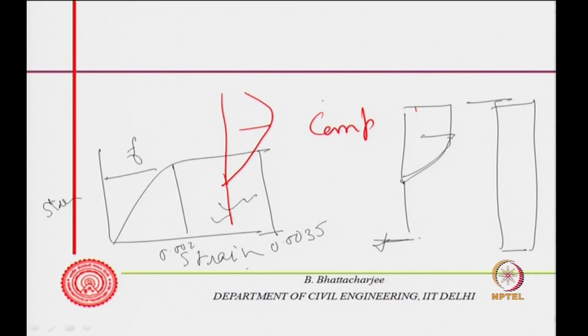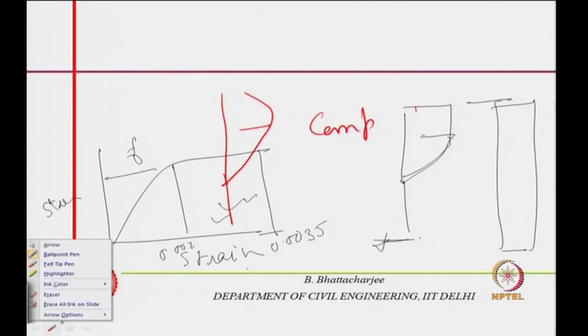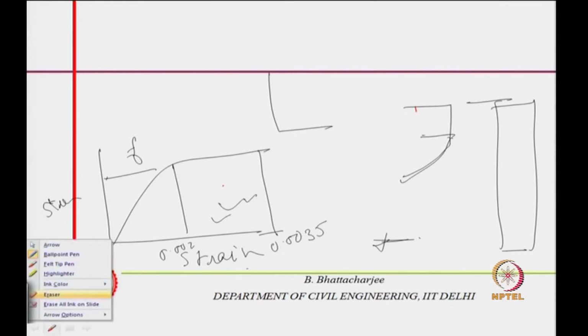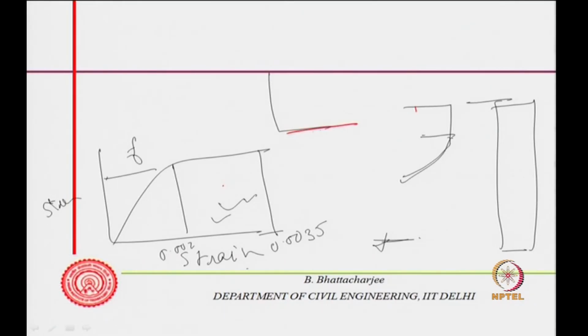In fact, the stress strain curve of concrete should look something of this kind. Let me draw it with red color. The stress strain curve of concrete will look like this, with the maximum stress here. Now, this is the idealized stress strain curve, beyond that you assume it is as if it is a straight line. So, the actual stress strain curve of concrete is like this, and this is important in flexural design.